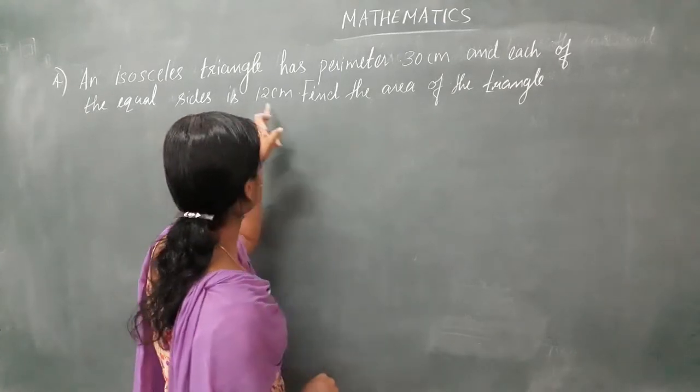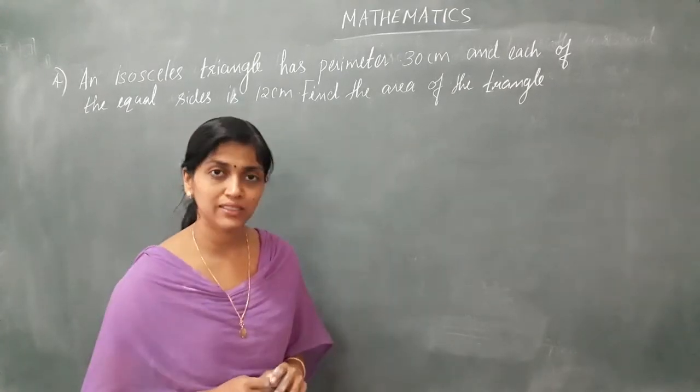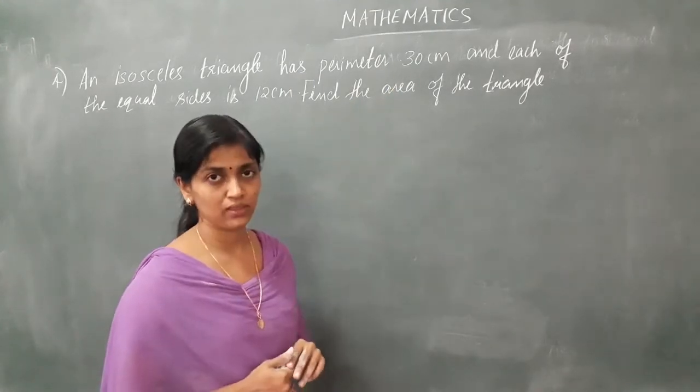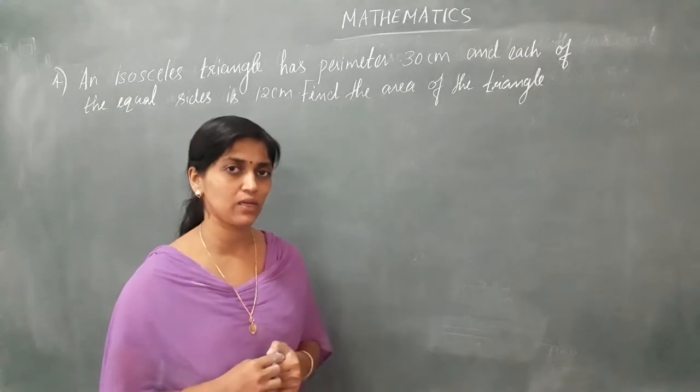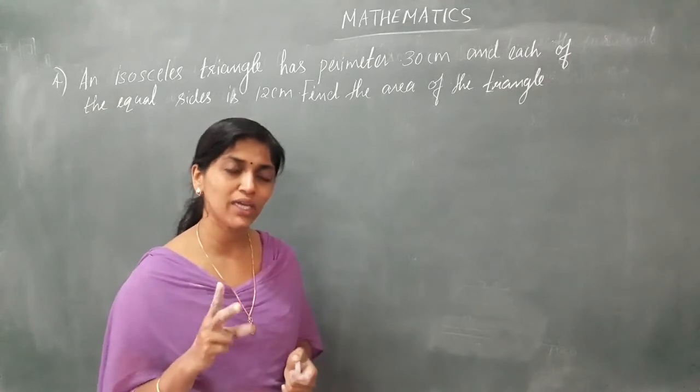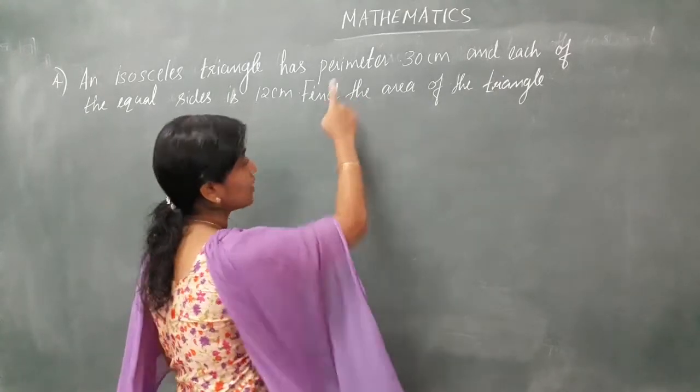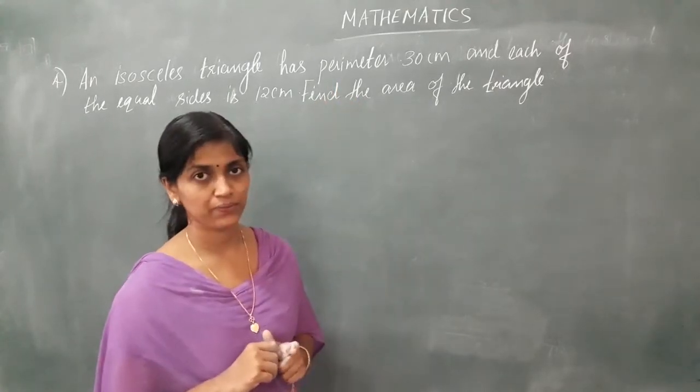So its equal side length is given as 12 centimeter, and also perimeter is given as 30 centimeter. Why is the perimeter given actually? Because we are having only two sides with us. To get the third side, we can use this perimeter and find the third side.